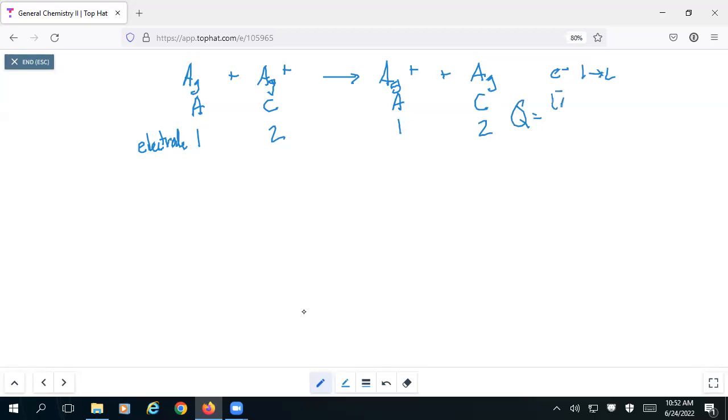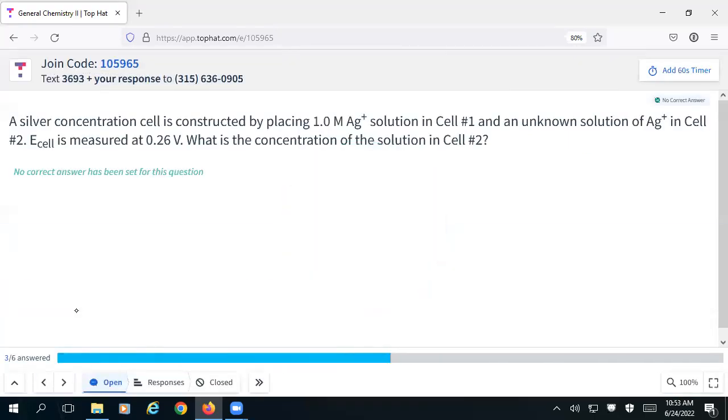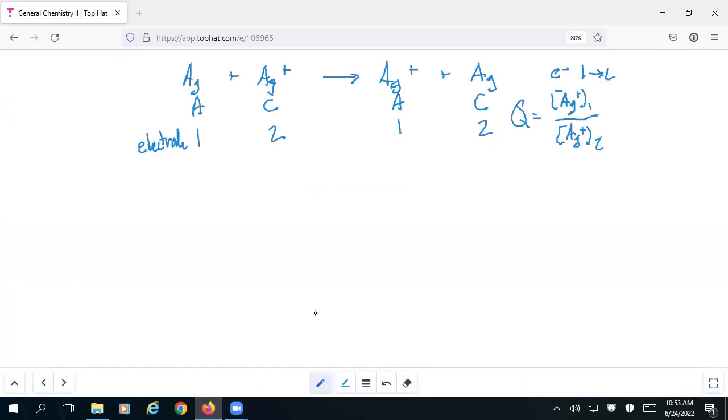It would be the concentration of silver at electrode 1 over the concentration of silver ion at electrode 2. No squares, no silver metal to contend with, just those 2 concentrations. And if we go back to the problem itself, we can see that cell 1 had the 1 molar solution. And we're trying to figure out the solution concentration in cell 2.